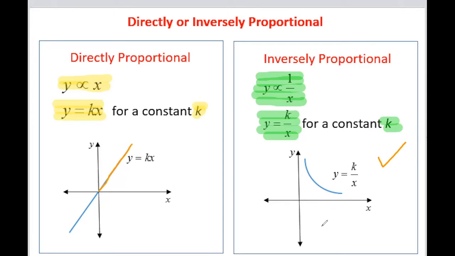Or as the value of x decreases, the value of y is going to be increasing. You can also take some coordinates when it is a proper graph, and you can see that as the value of x increases, the value of y decreases in this case. So this is going in reverse, inverse order. So this is inverse proportionality.